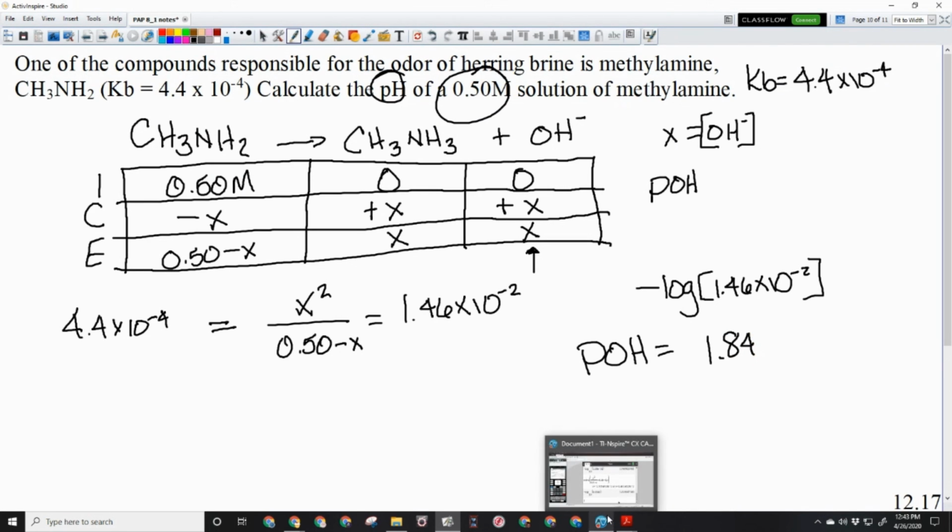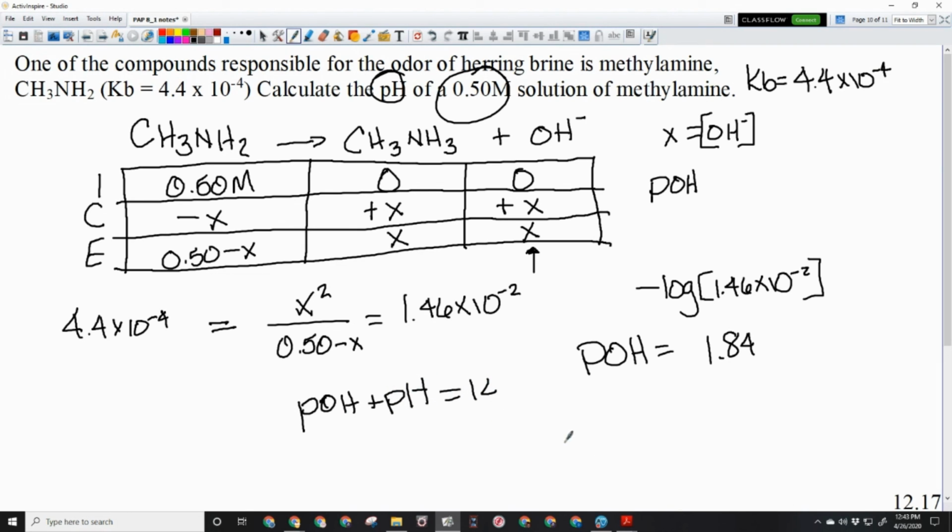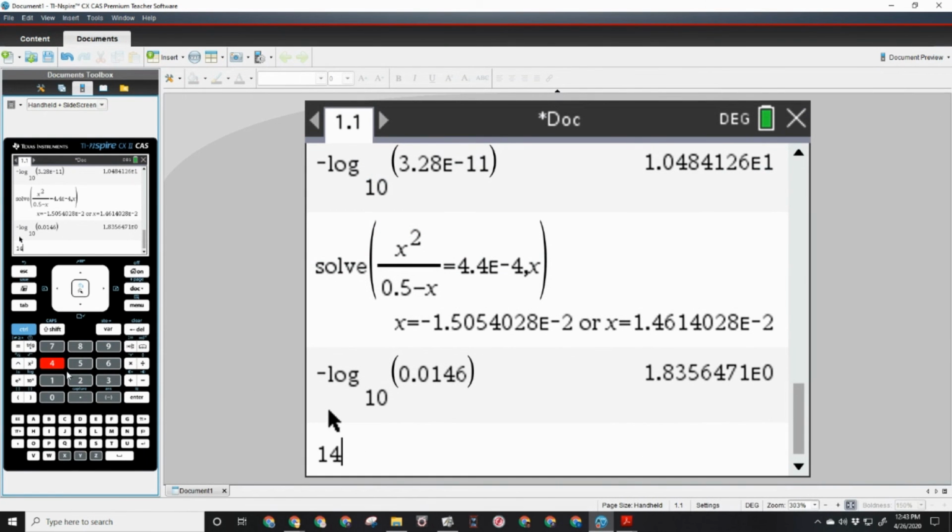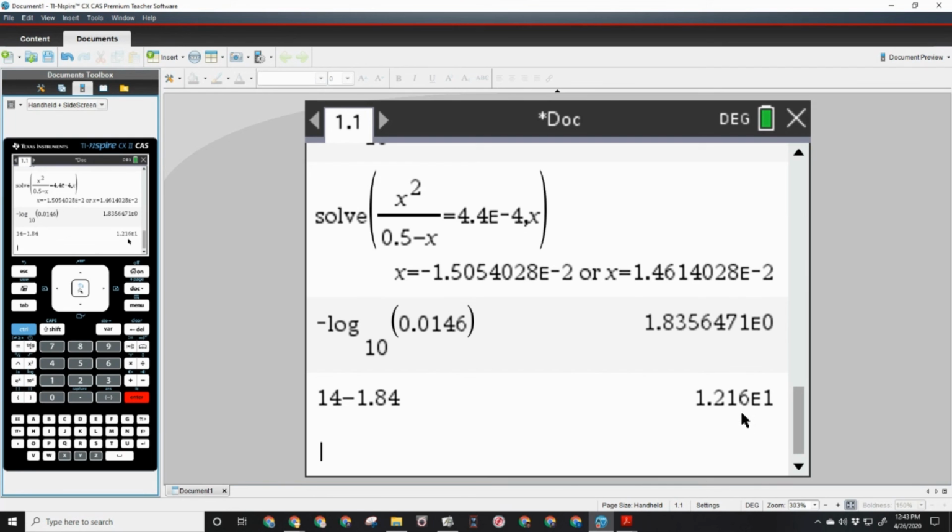All right, and with 1.84, pOH plus pH is equal to 14. So if I take 14 minus 1.84, I should get pH. So 14 minus 1.84, 12.16.